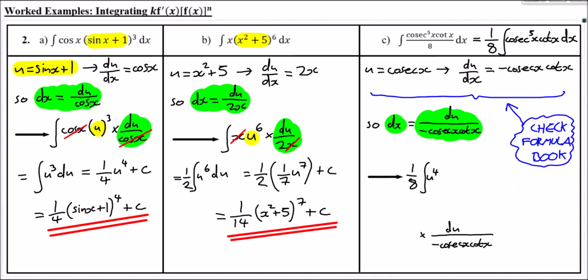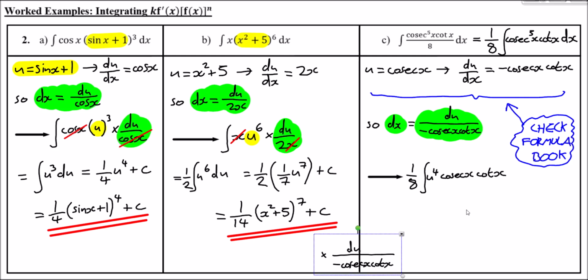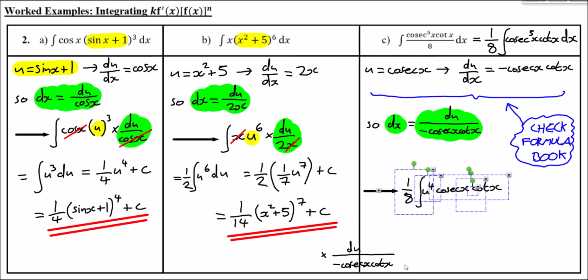So I've got u to the power 4 cosec x cot x, and then I'm going to replace dx in terms of du. Sorry for being slightly unneat, folks. Sometimes my mouse can be.